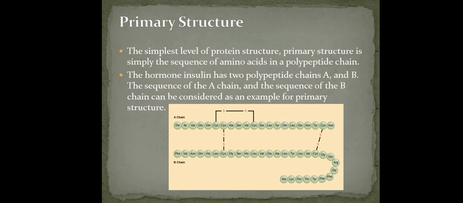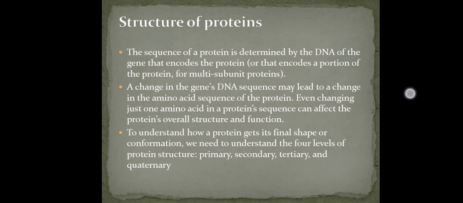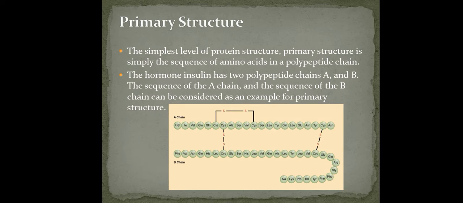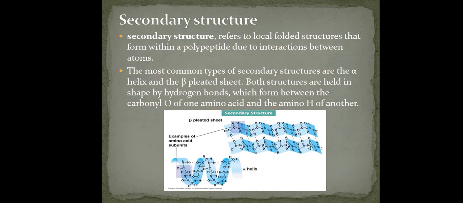There is an A chain and a B chain. You see there is an S to S connection between the A and B chains. We will explain this later in depth.